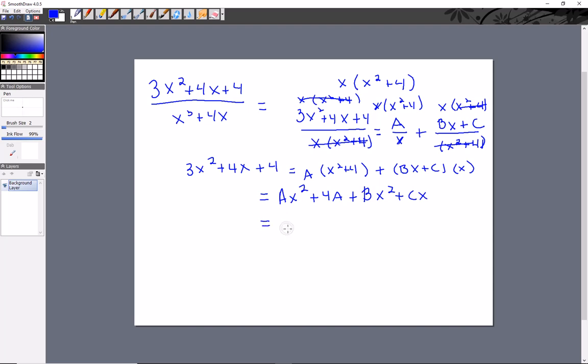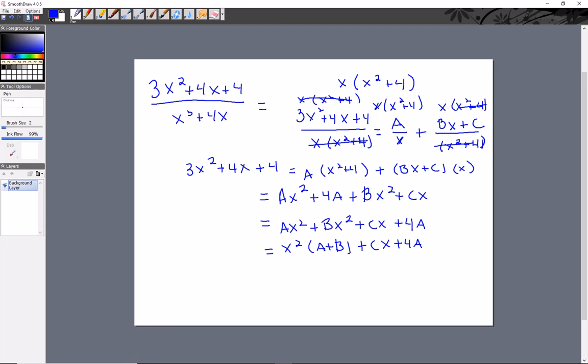So that will equal Ax squared plus Bx squared plus Cx plus 4A. And just for grins, I'll factor out the x squared here. So x squared times A plus B plus Cx plus 4A. Yes, that really is an A. My pen is just not cooperating as well as it could be today.